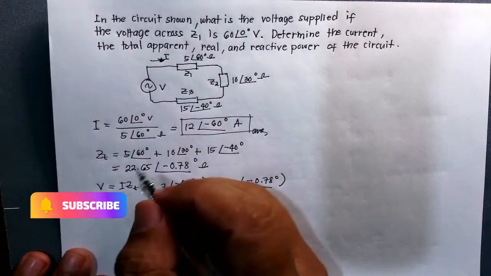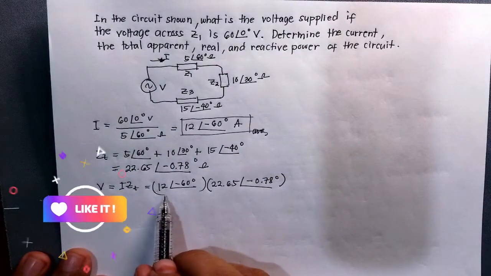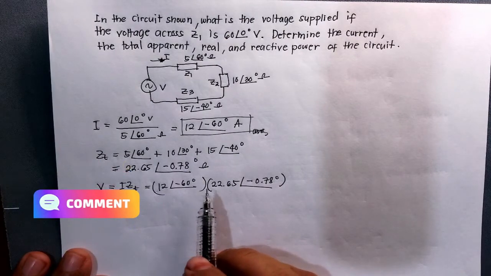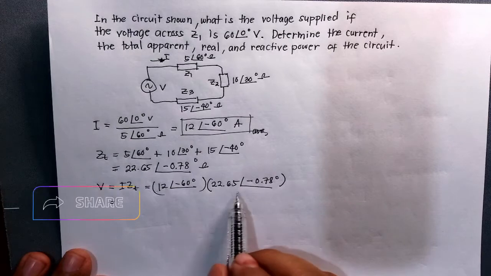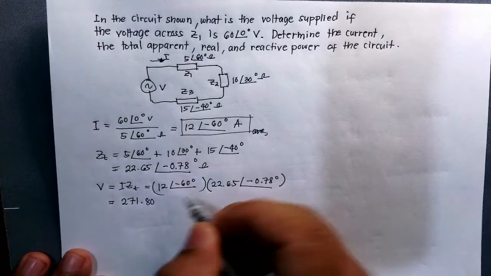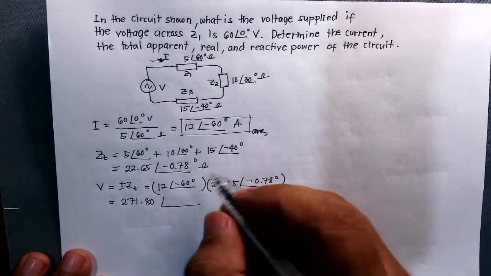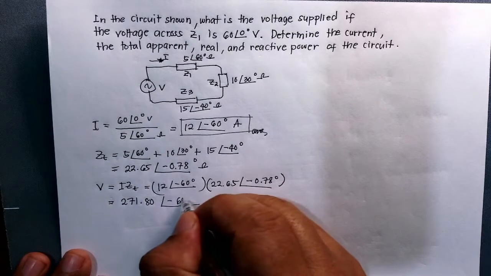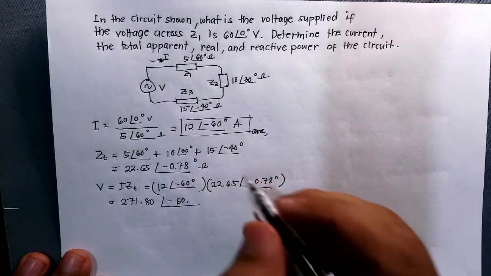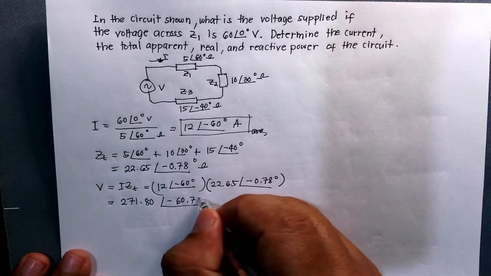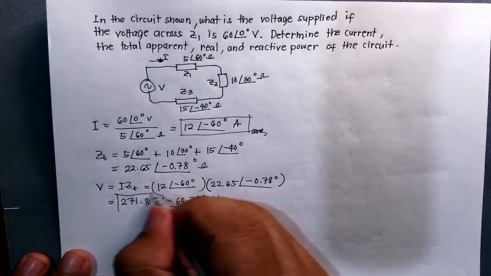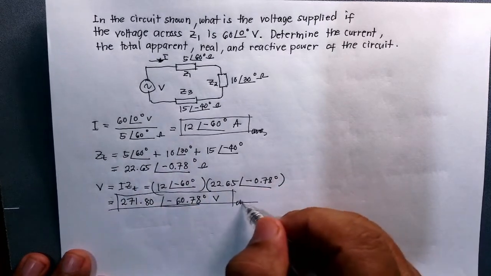Multiplying 12 times 22.65 will give us 271.80, and we add the angle, so that will be 60 degree plus negative 0.78, same sign, so you just add it, so that will be 60.78 degree volts. So this will be the total voltage.